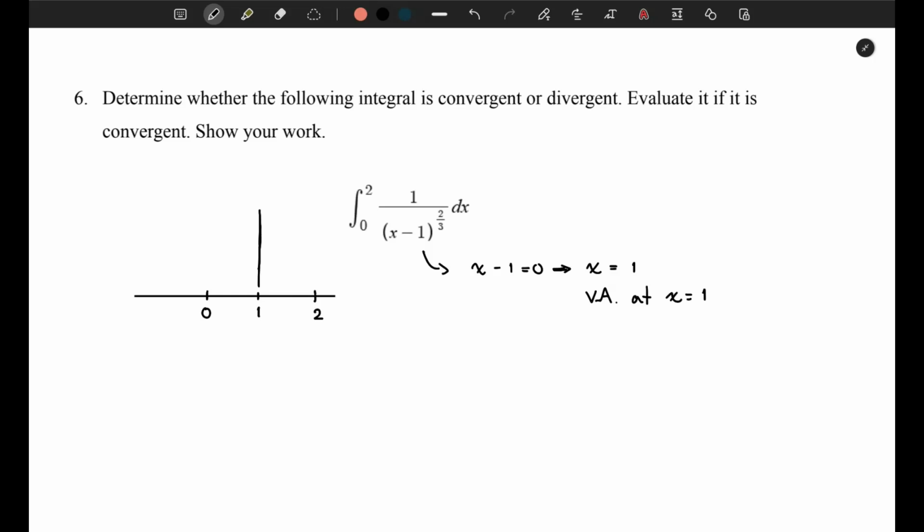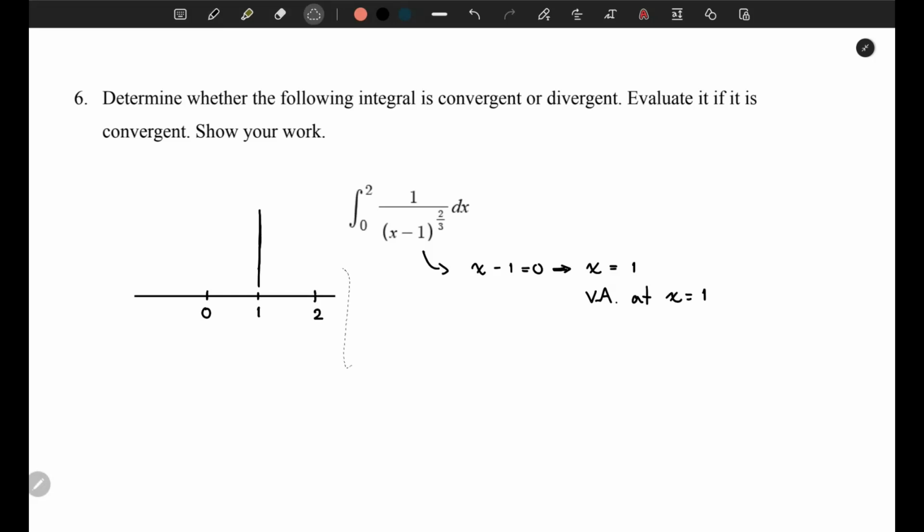And this is a type 2 improper integral. As you know, in type 1, we were evaluating 1 to infinity. Now, in type 2, we are evaluating at a discontinuous point or an asymptote. In this case, it is 1.